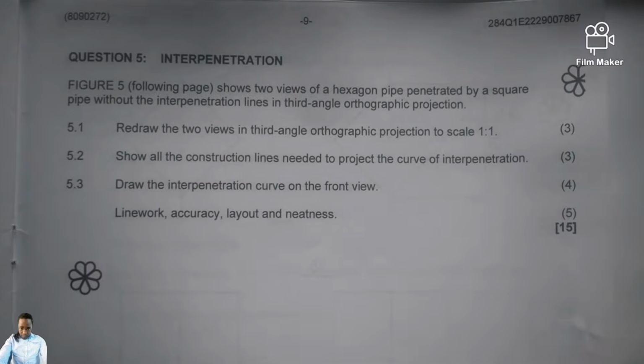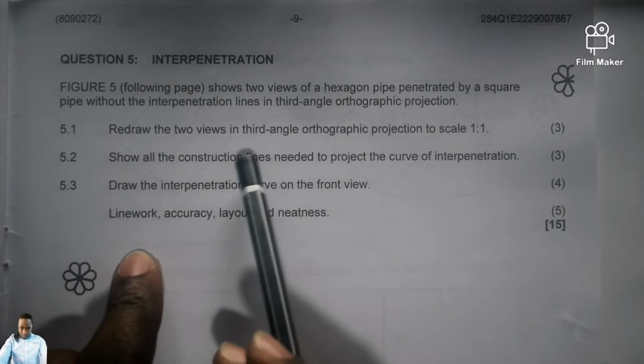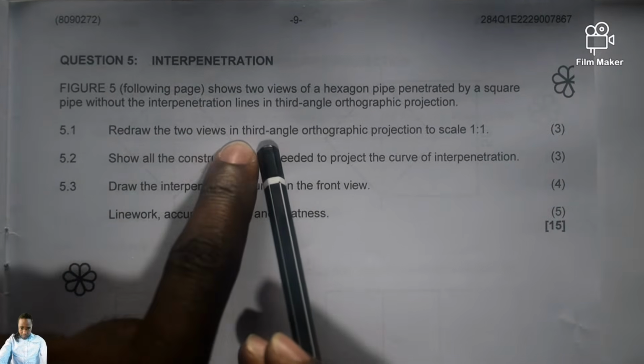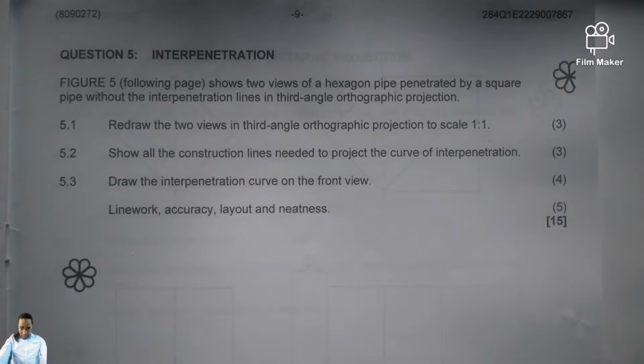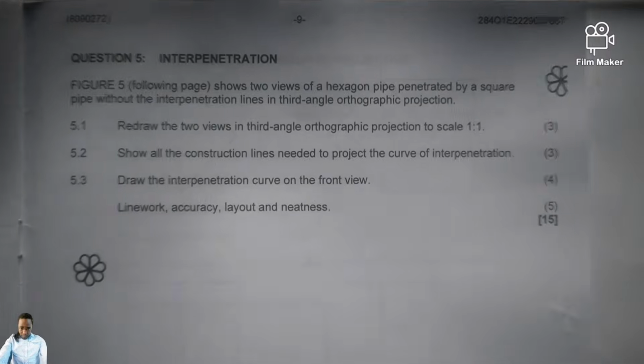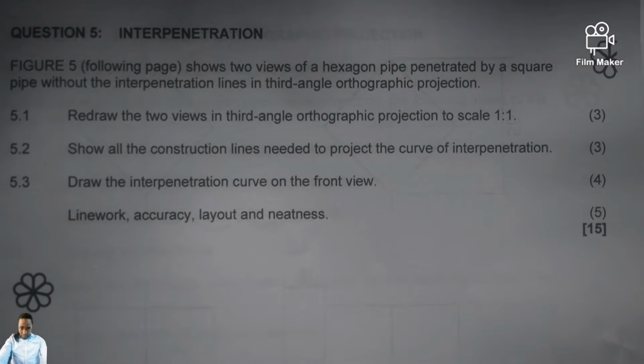So it is very much important to read the question and understand it. So they are still emphasizing the word third angle orthographic projection to a scale 1:1. So we do not have to multiply anything there or divide anything there.